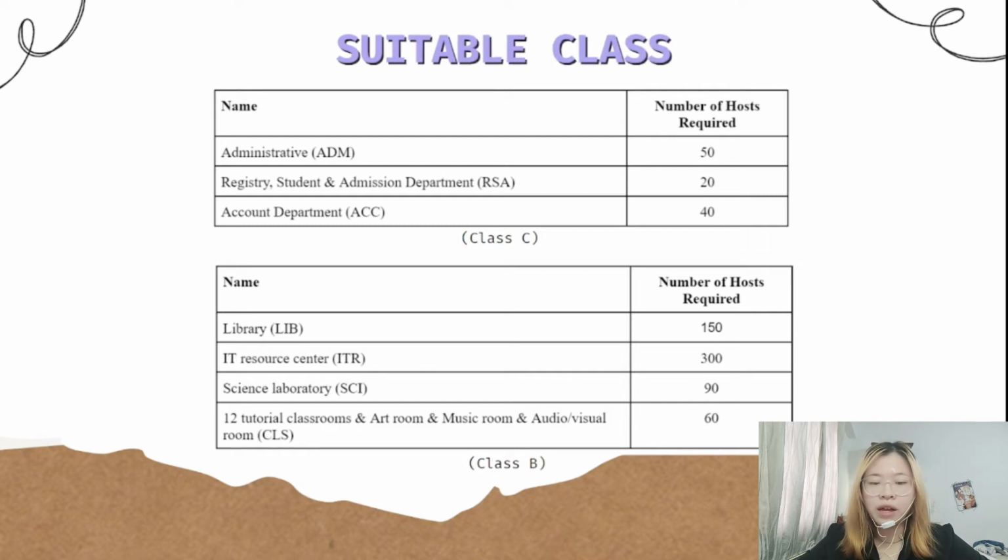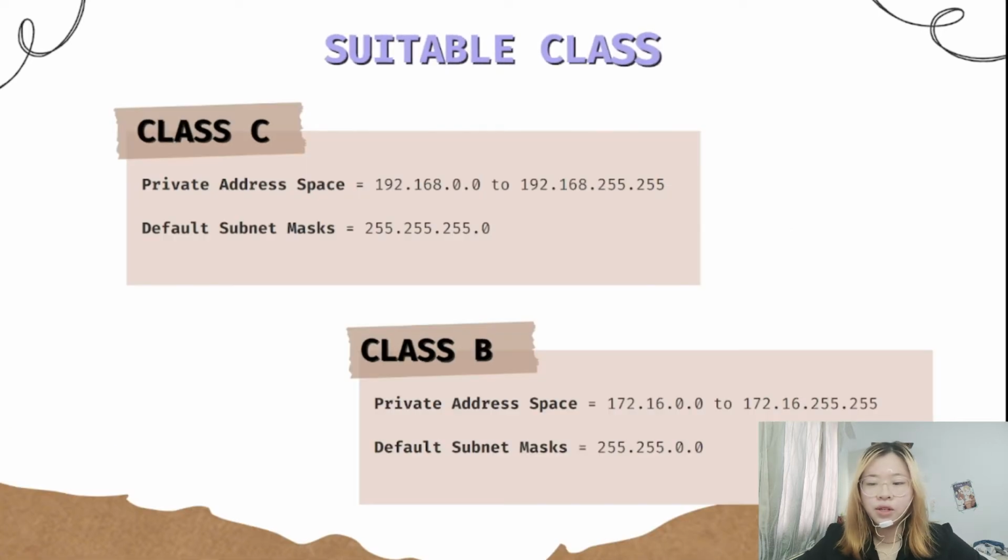In these 2 tables, we are using 2 classes: class C and class B. We are using class C in location A, and class B in locations B and C. The class C private address space is 192.168.0.0 to 192.168.255.255, and the class C default subnet mask is 255.255.255.0.